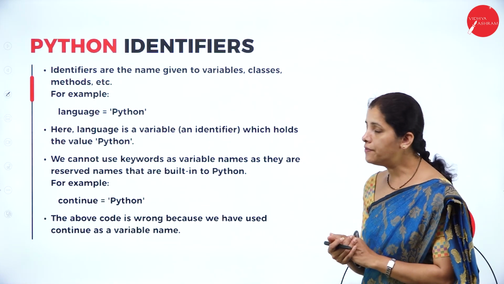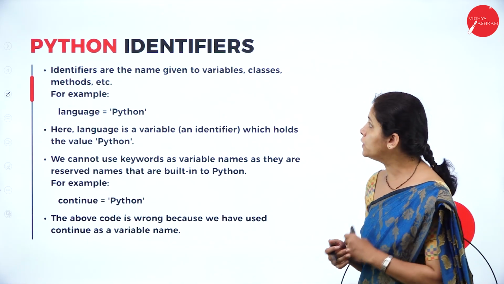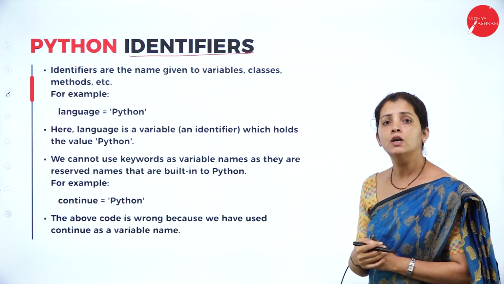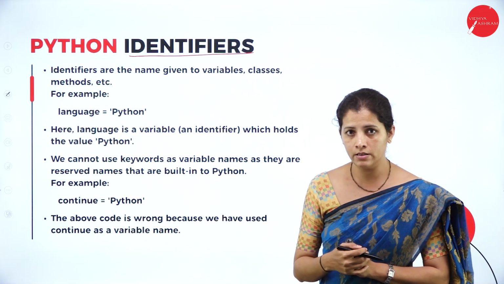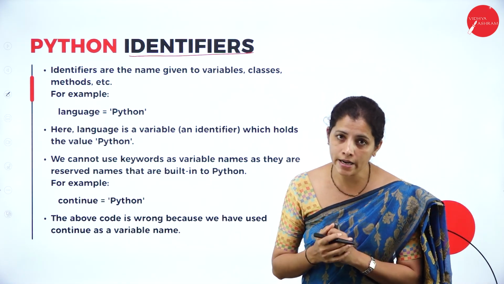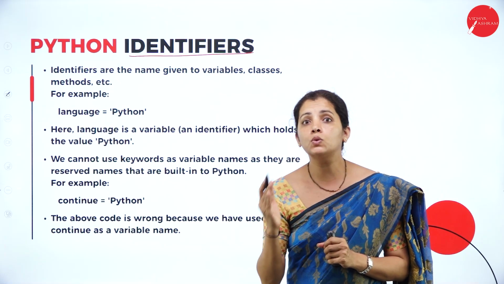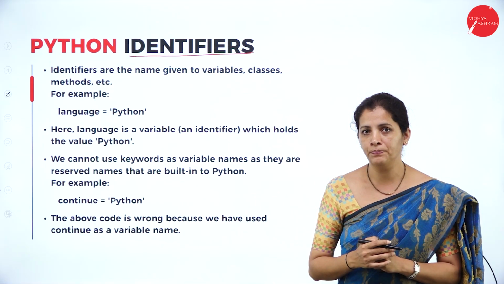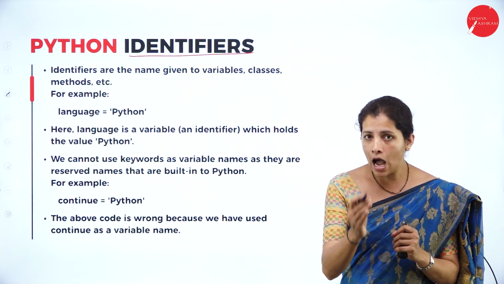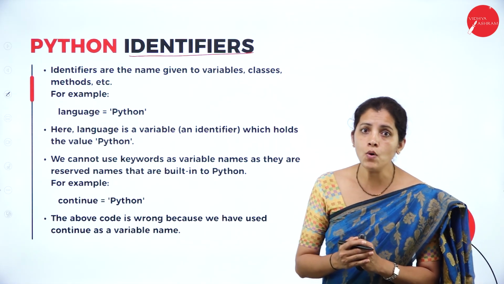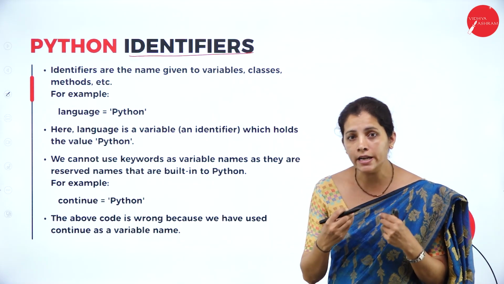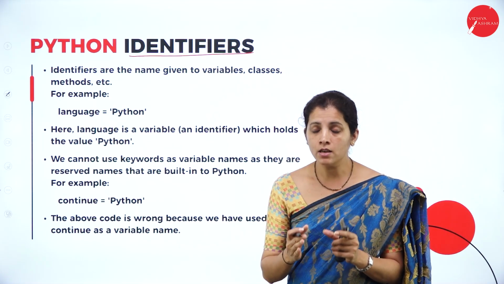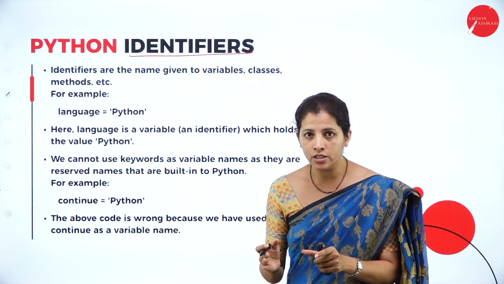Okay, fine. If I consider the second token, that is nothing but the identifiers. So what is an identifier, why do we want identifiers, and what are the rules I must follow while defining the identifier? Okay, fine. If I ask you how you are going to identify me, how? By the subject I'm going to teach?